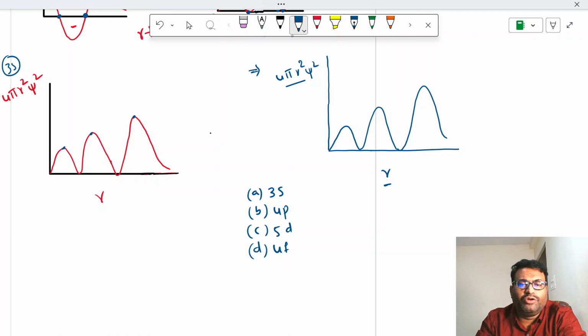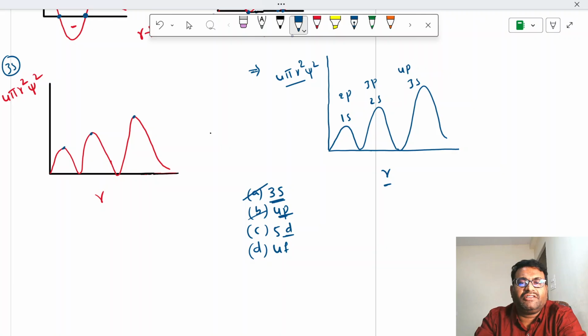For 3s, this is for 1s, 2s, 3s. Yes, it is applicable. Next, 4p. P starts from 2p, so 2p, 3p, 4p. Yes, it is also applicable. That means for 4p, between radial probability and r, we get this same graph.